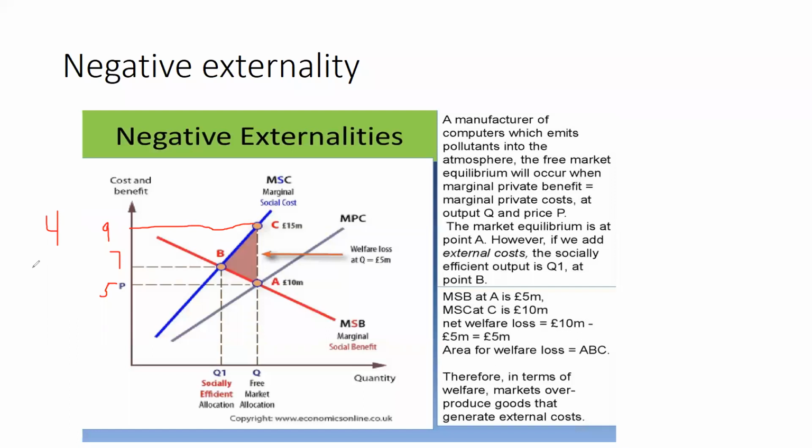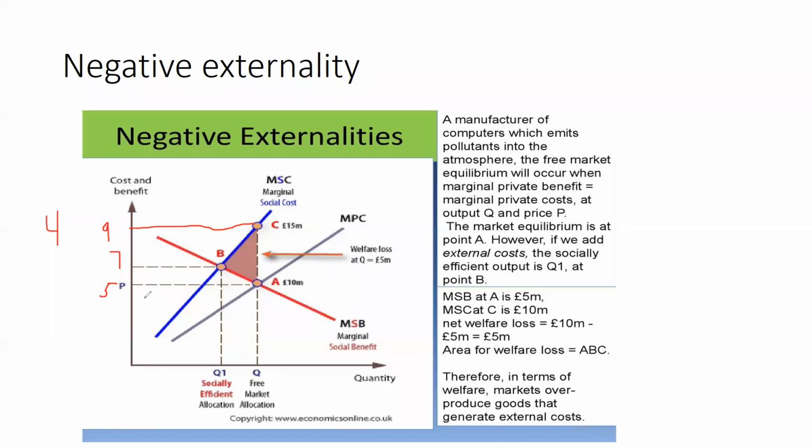Say if you tax $6, you're going to be out here somewhere, so you're still not at the socially optimal. There, you're going to be making too little than society wants. So just be conscious that the tax should equal the external cost, and that will get you to socially optimal.